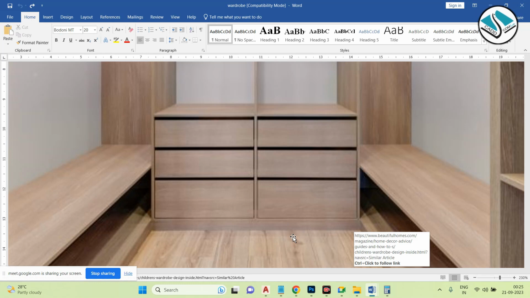Yeah, good. You can do these things. It's not important. You can use 2 drawers on the standard size and mention the other 2 drawers according to the client's requirements.